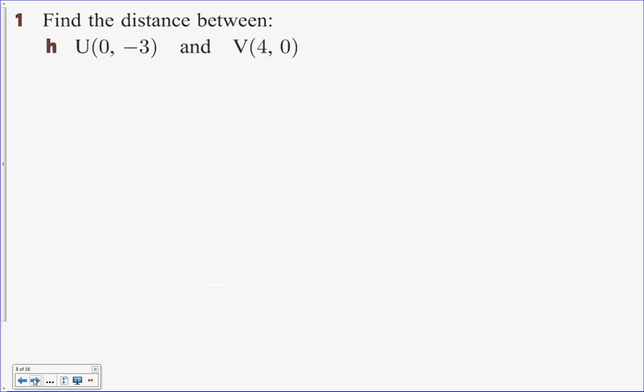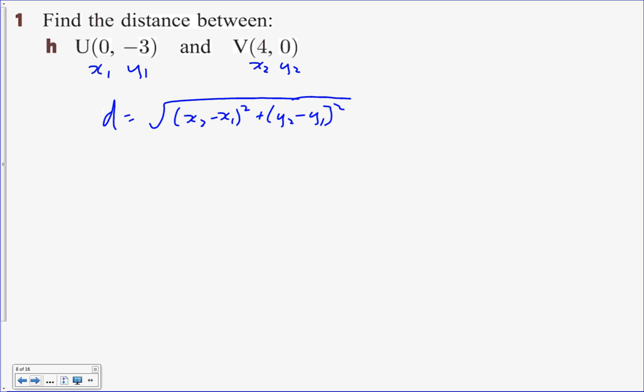H, find the distance, so we've got x1, y1, x2, y2. So write our formula, D equals square root x2 take x1 squared plus y2 take y1 squared.